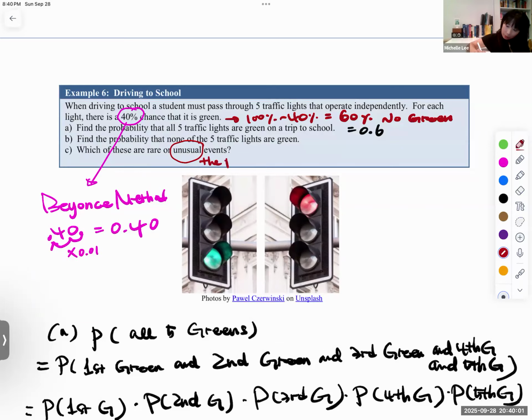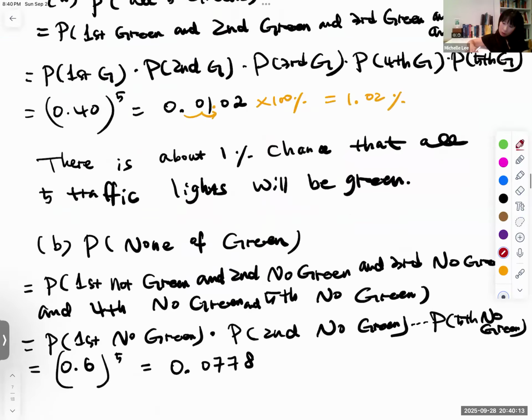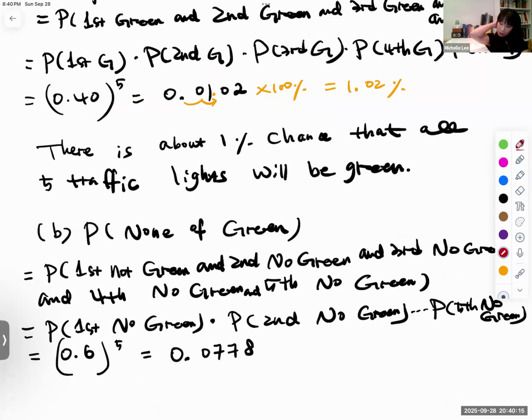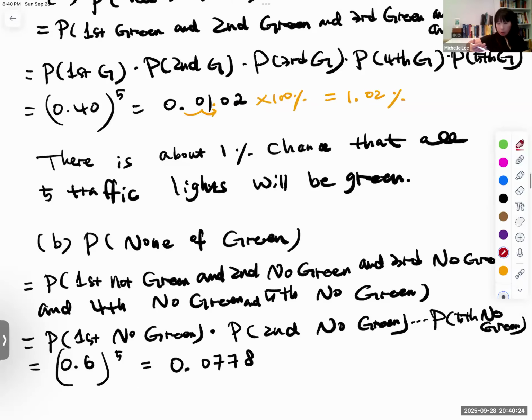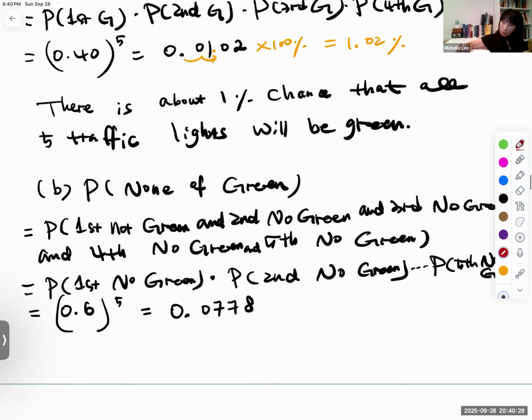The probability is less than 0.05, right? So which one is less than 0.05? The first one, right? All green, it's only 0.01, which is 1%, right? So C.